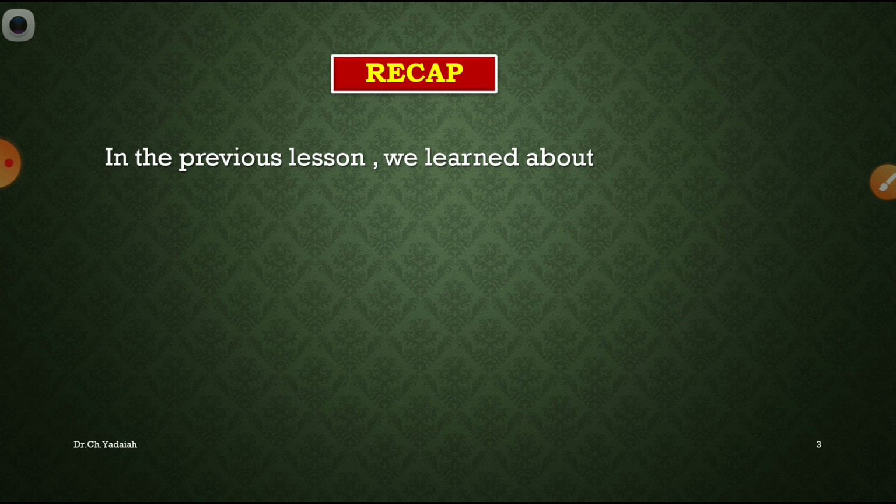Recap what you have seen in previous classes. Last class we saw the basic construction of the moving coil instrument, its working principle, applications, and how to enhance the rating of the moving coil instrument as a voltmeter and as an ammeter.